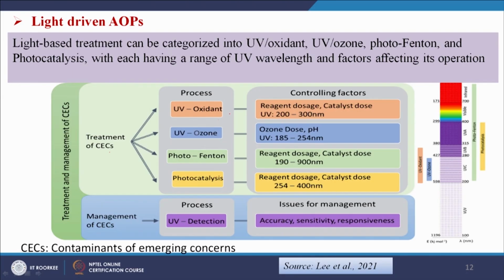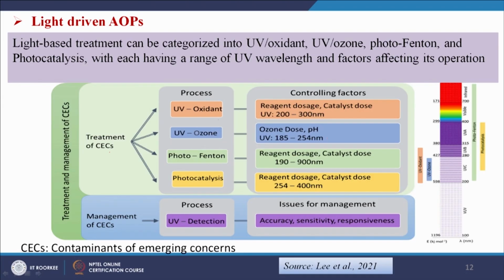Some controlling factors are given for these methods. For UV oxidant, reagent dosage and catalyst dosage are very important, and UV of 200 to 300 nanometer wavelength is used. For UV ozone, ozone dose and pH are important, with UV of 185 to 254 nanometer.